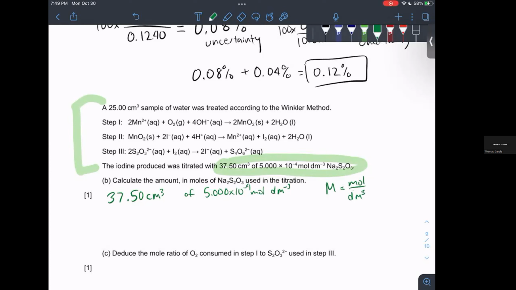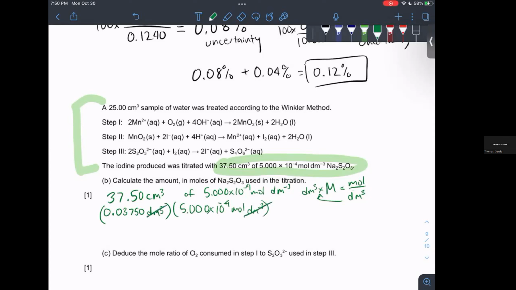So we're going to go ahead and find the moles by just multiplying by decimeter cubed. We can do that right here. First, we're going to have to convert 37.5 into 0.03750 decimeters cubed times 5.000 times 10 to the minus 4th mole decimeter minus 3.